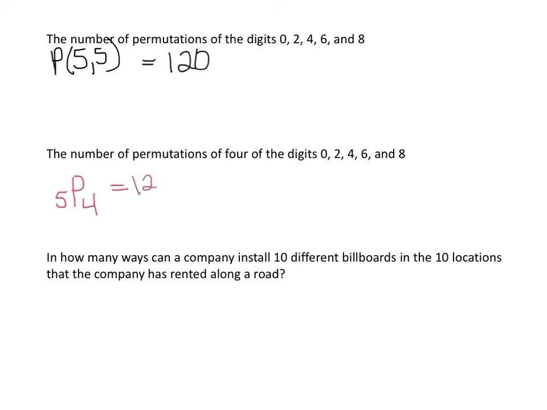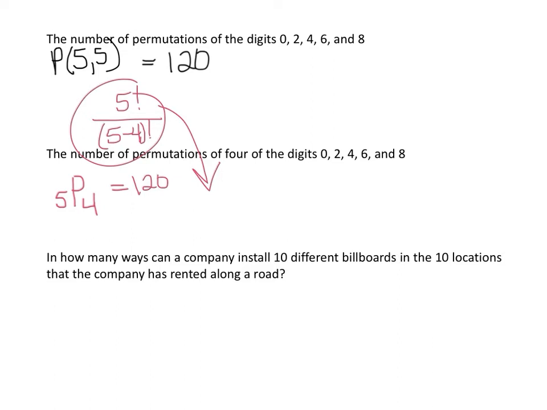And I get 120 again, because if you think about the one above, we had 5 factorial over 5 minus 4 factorial. Well, 5 minus 4 is 1, so that actually goes right there. So that's why you end up with the same value.